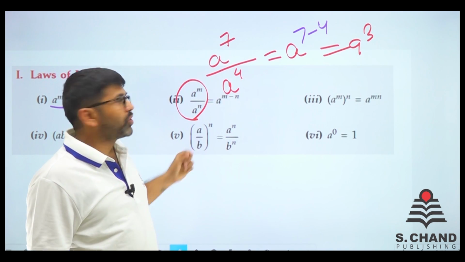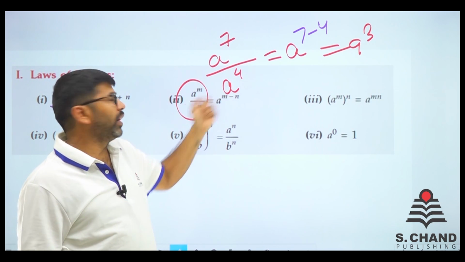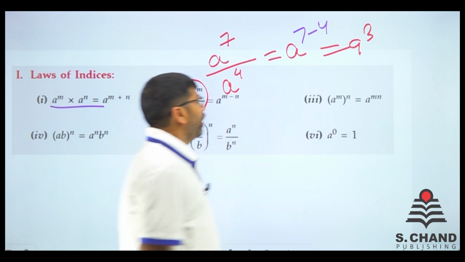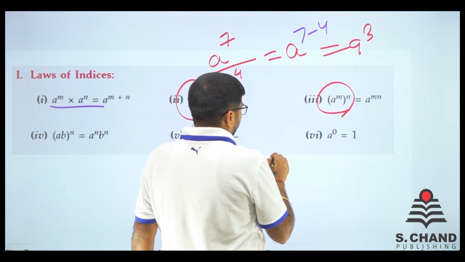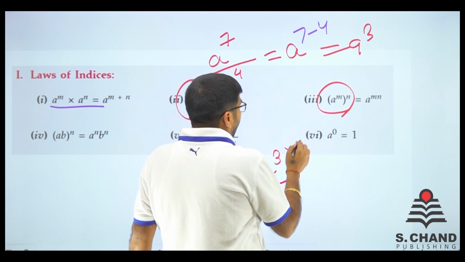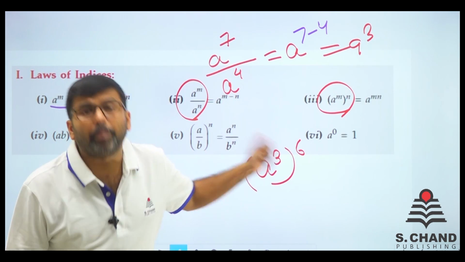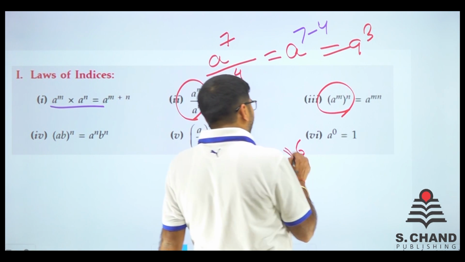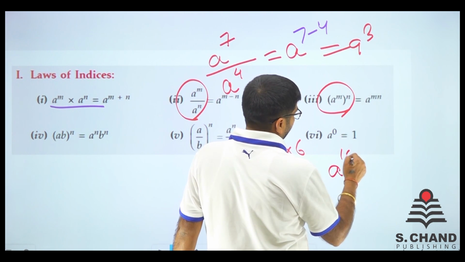What you need to do is just subtract the bottom power from the top power, and you get the answer, m minus n. Now if there is a power over a power, say a raised to power 3 and then power 6, just multiply these two. So a raised to power 6 into 3, that is a raised to power 18.